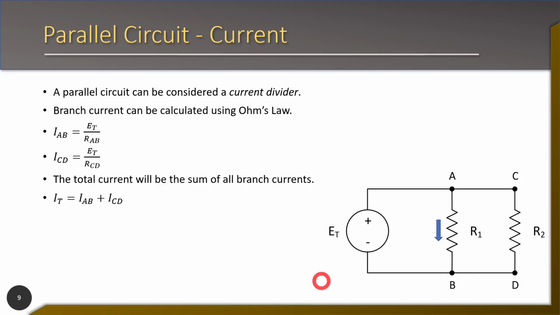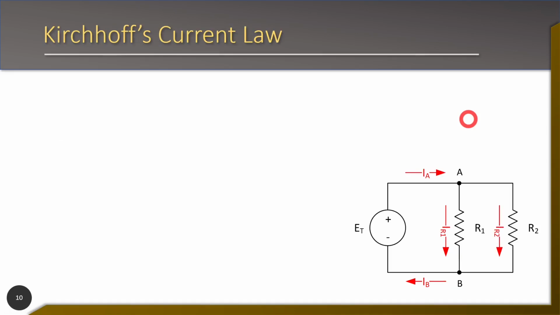So that current plus that current right there equals that total current. So the total current is going to flow in here. This is conventional current flow. It's going to flow in here, and it's going to flow back to the power source here. At point A is where it divides. Part of it's going to go this way, and part of it's going to go that way. And the length of these arrows, if you add those two together, you're going to get this. So these two resistors would have to be equal to each other to have the same current through each branch.